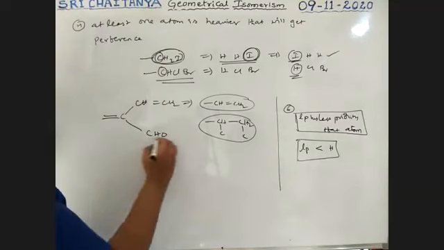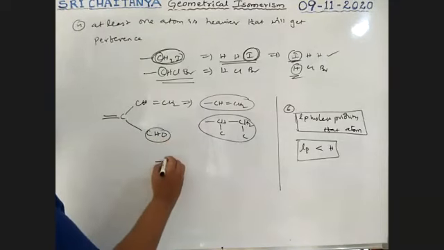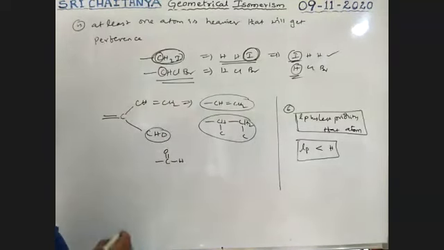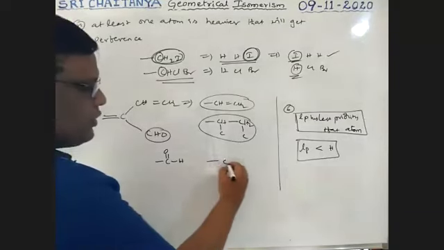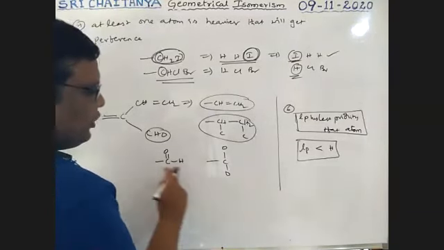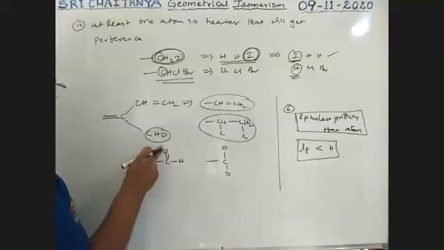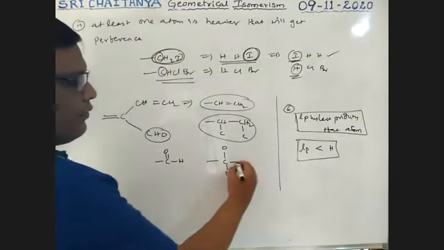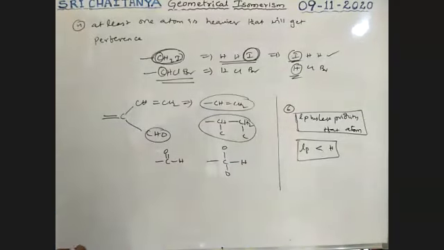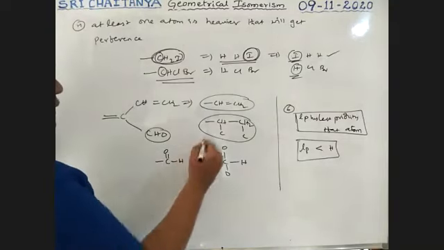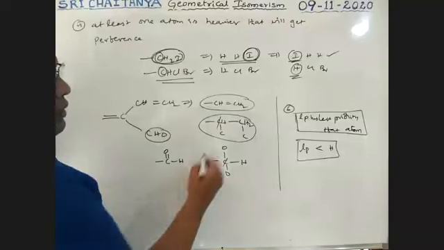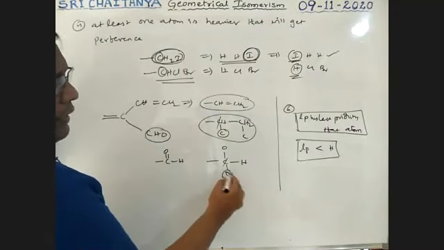So next, C double bond OH. It is nothing but carbon bonded with two oxygens. So two bonds with oxygen, means two oxygens with hydrogen. Okay. So now here directly attached atom carbon, carbon. Next carbon, but here oxygen.